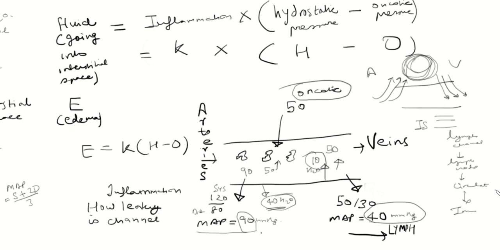Okay. Now, what does this K stand for? Which is the inflammation. So again, we're going to look at immunology, but this is actually part of the immune response. What if you get a bacteria? What if you get trauma? What if you get stuff where the immune system needs to kick in and mount a response?